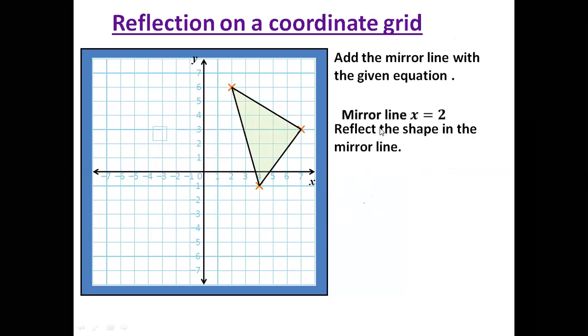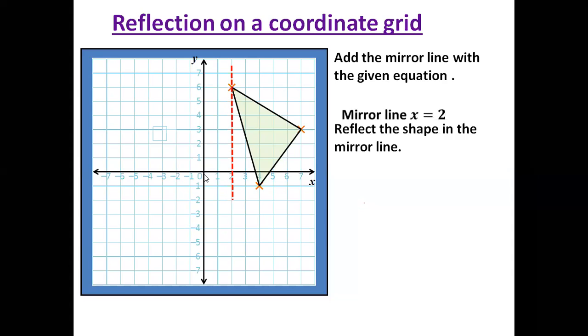When x equals 2, go to the x-axis and find where 2 is on the x-axis. This is it. That's 2 on the x-axis. How do you draw the mirror line x equal to 2? It means whatever the y is, x all the time is 2. So this is the line of x equal to 2.